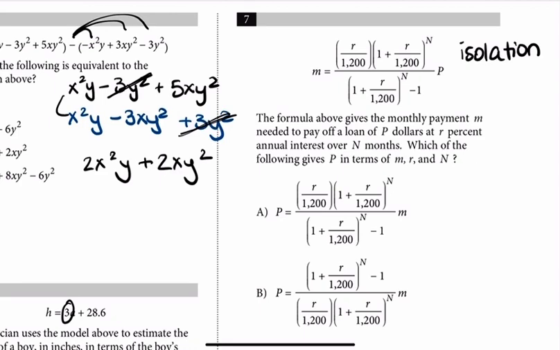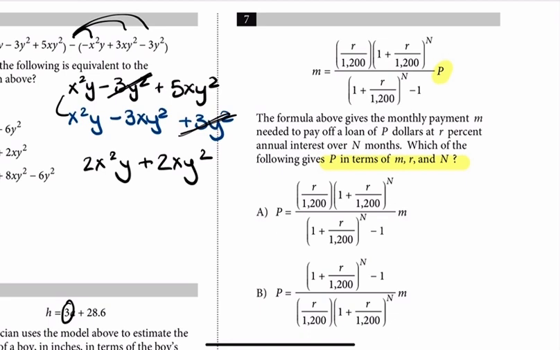So instead of all this crazy stuff, I'm just going to circle what I really want. I want P in terms of M, R, and N. So I'm going to highlight this P. The question I'm asking myself is, how do I get everything else on the other side? I want P alone at the end.